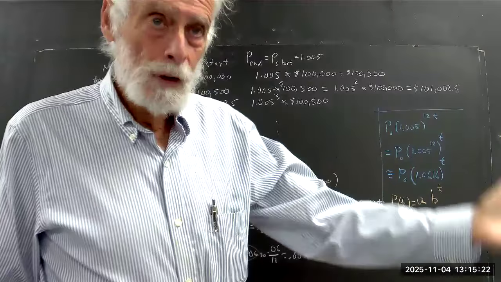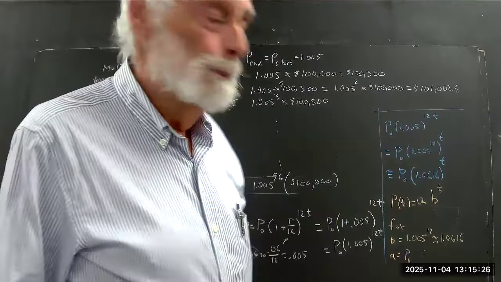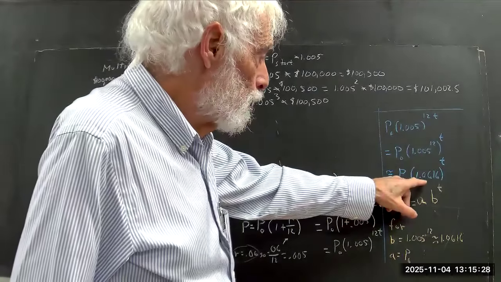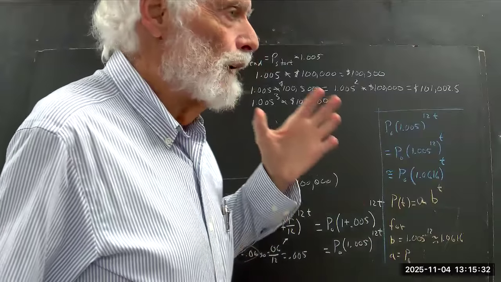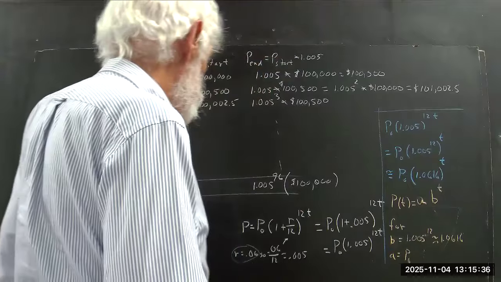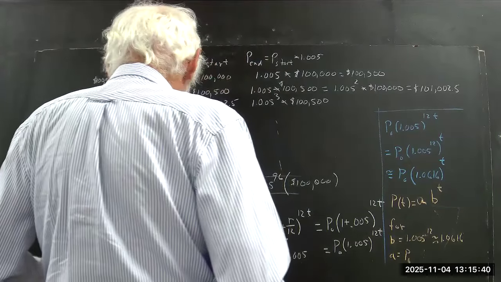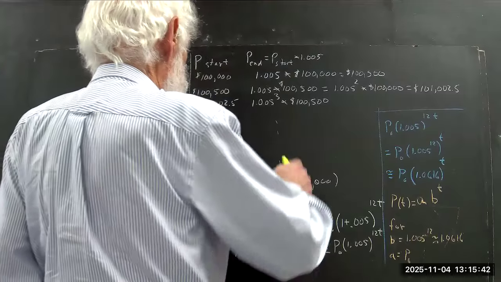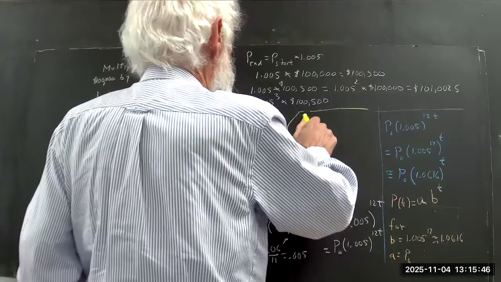That's just your law of exponents. A power of a power, you multiply powers, okay? And we got 1.0616. Now, if we were compounding once a year, we would have annual compounding. So I'm going to contrast that.